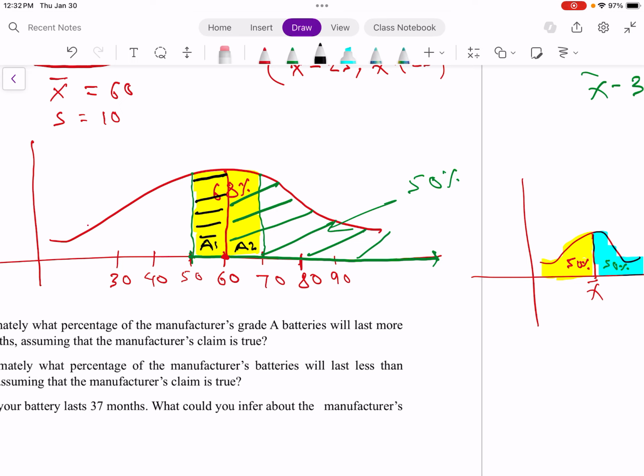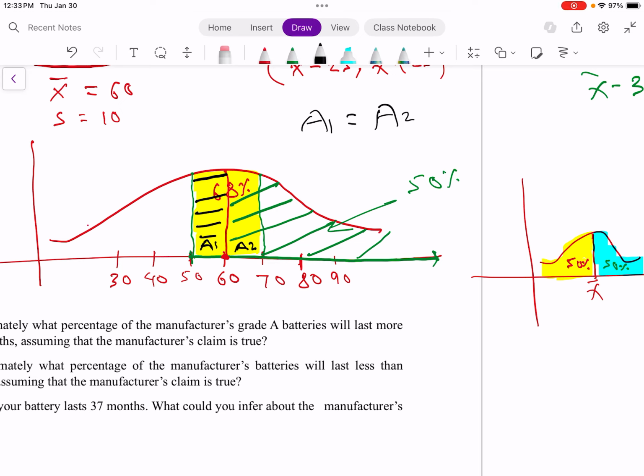Is one half of the other, or are they equal to each other? A1 and A2 are equal to each other because our graph is symmetric, and 50 and 70 are at the same distance. So A1 is equal to A2.